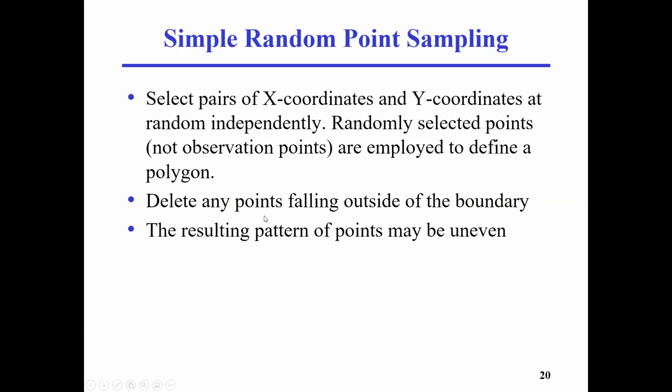And we delete any points falling outside of the boundary of that polygon we just created, okay? Because randomly selected points were used to define this polygon. So there could be random points outside of this polygon, right? And the resulting pattern of points may be uneven, but that's it.